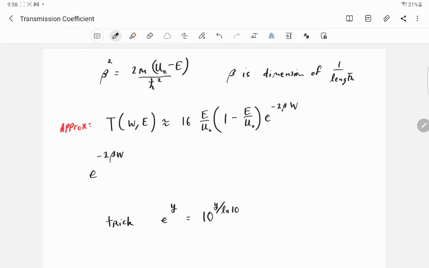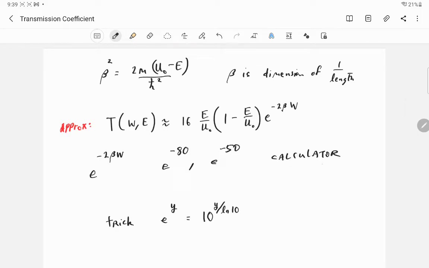So you're going to have things that look like e raised to the minus 80, e raised to the minus 50, and a calculator, right?